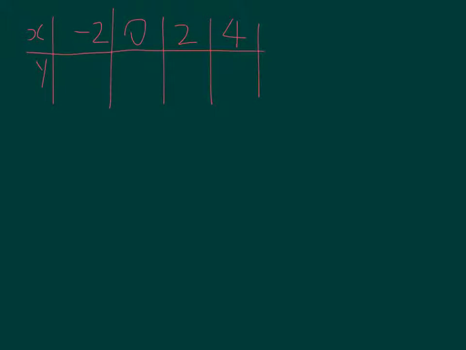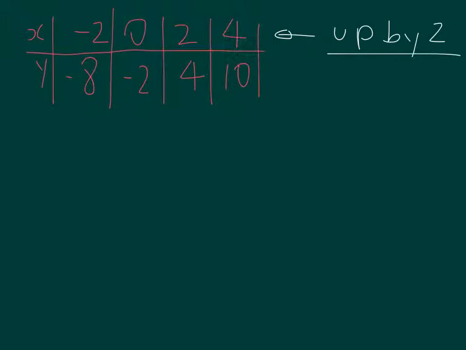Our corresponding y values are minus 8, minus 2, 4, and 10. What you'll notice is up the top, these go up by 2. So we're actually missing some numbers in between. I could put minus 1, 1, and 3 in there, and they would have their own y values as well. But we don't actually need those.